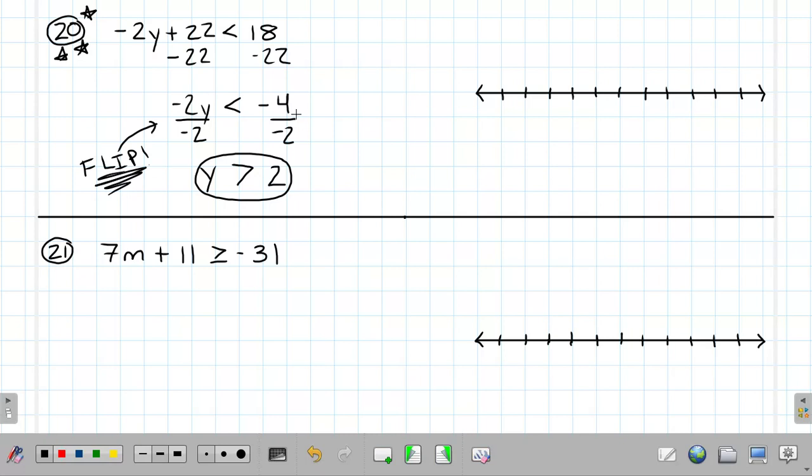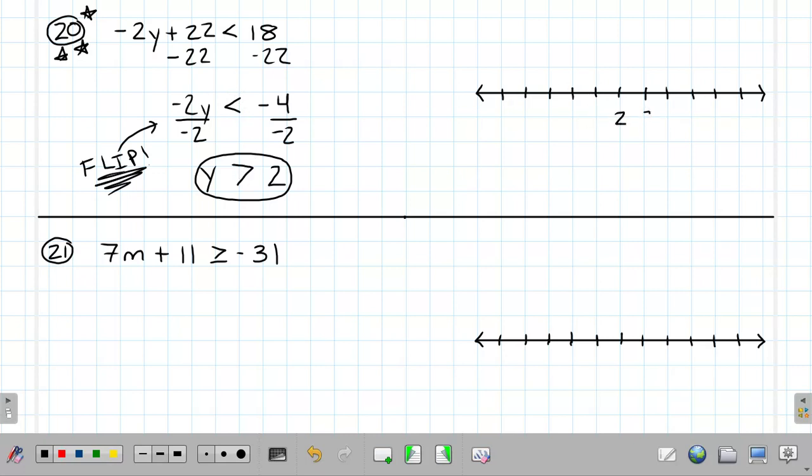Same thing, if you multiply a negative number times a negative number, the result's going to flip and be a positive number. So it's the same kind of idea here: if we divide or multiply by a negative number, it's going to flip the sign of whatever it is we're doing. So in this case, it's going to flip our less than sign to a greater than sign. And then everything just works exactly the same.